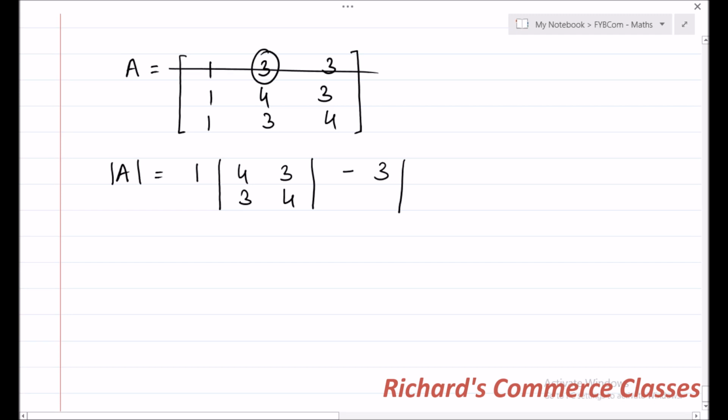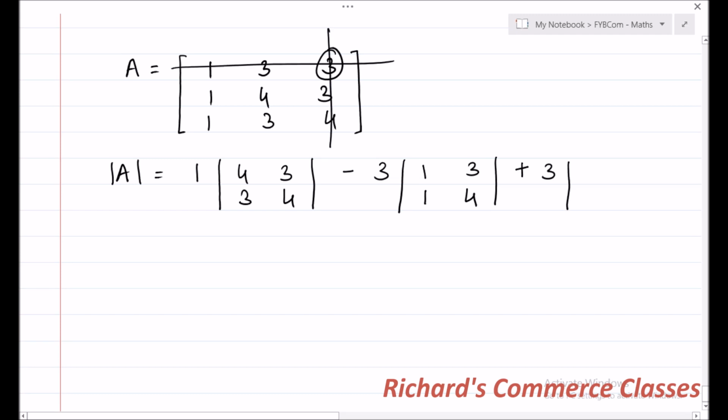Deleting the row and column, you have the remaining elements 1, 3, 1, 4, plus this 3, you write as it is, 3. Deleting the row and column of that 3, the remaining elements are 1, 4, 1, 3.